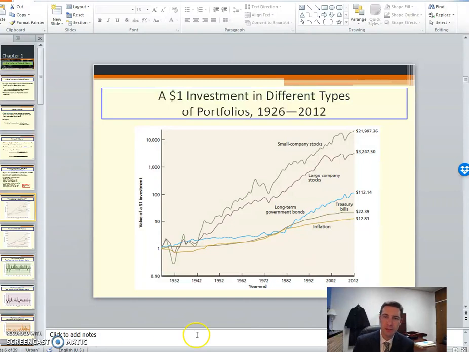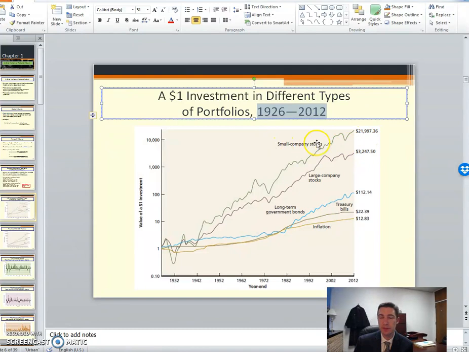So for example, if you were to invest $1 in 1926, and hold on to that dollar investment, a buy and hold strategy basically, all the way to 2012, this is the growth that you would see in that dollar. If you invested $1 in 1926 in a portfolio of small company stocks, that dollar would have appreciated to $21,997.